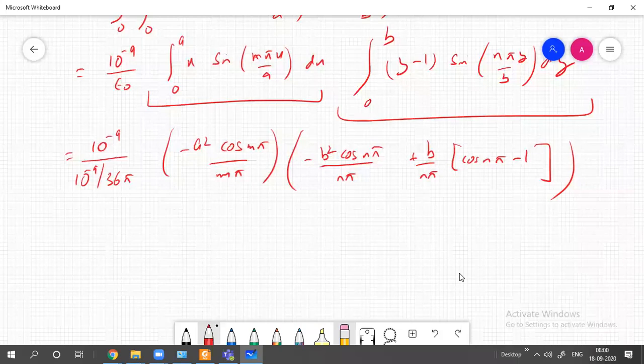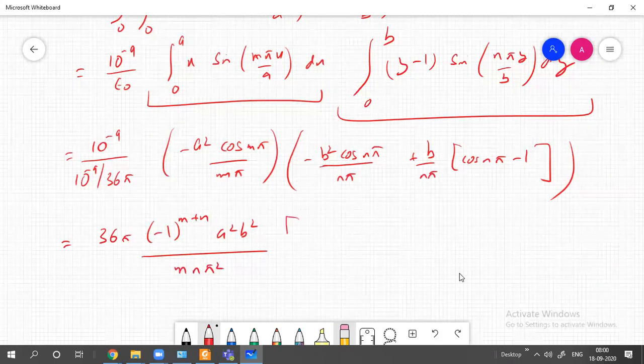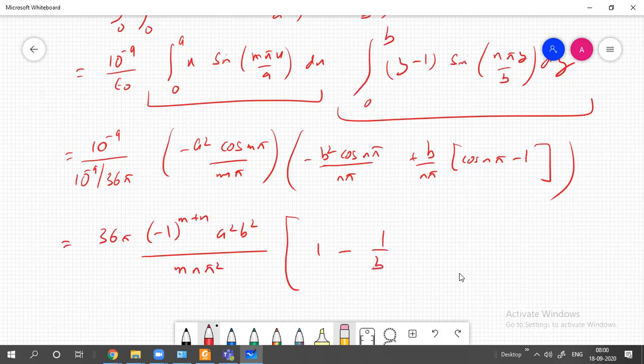If we reduce it further, we will have 36 pi times minus 1 raised to the power m plus n, a square b square over mn pi square, and over 1 minus 1 over b times (1 minus (minus 1) to the power n).